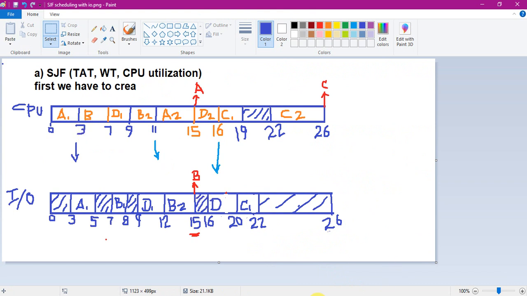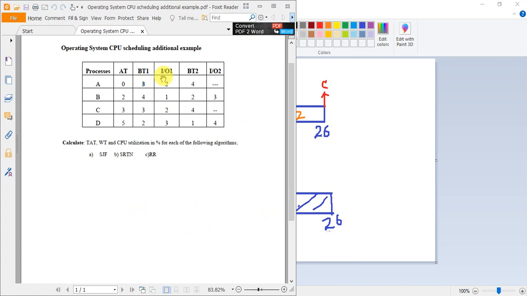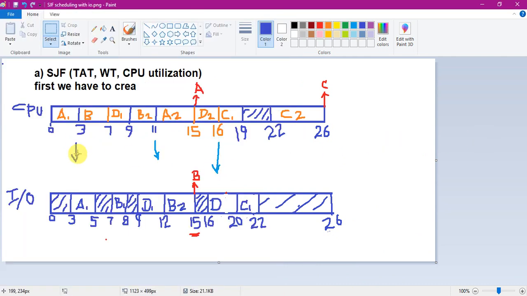B can continue until its first IO request, meaning 4 units continuously. So from 3 to 7, B takes place, and after 7 it wants to execute its IO request. So at timeline 7 the CPU is freed, and B enters the IO request.